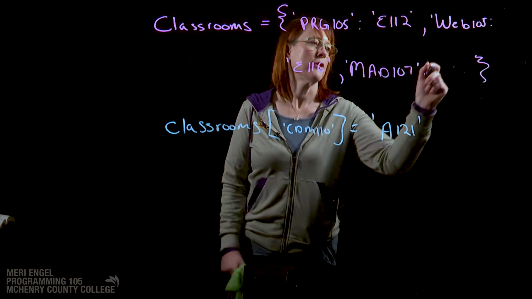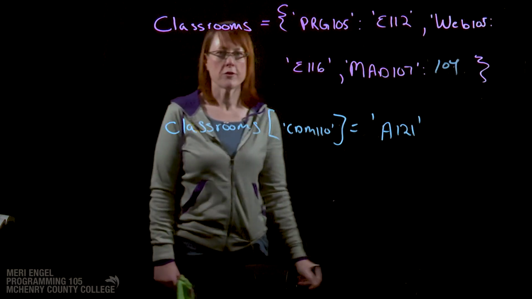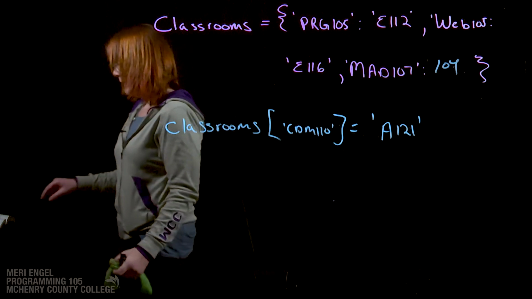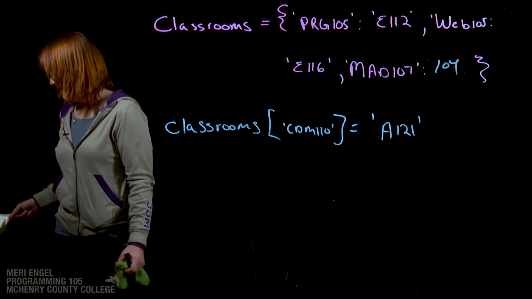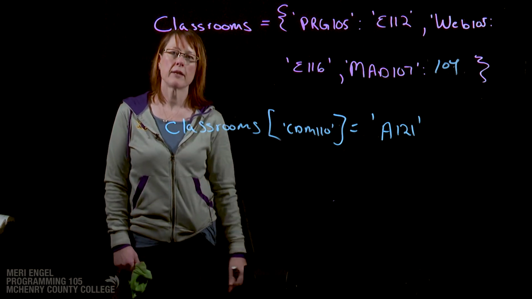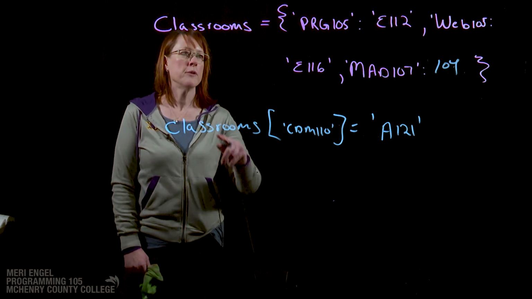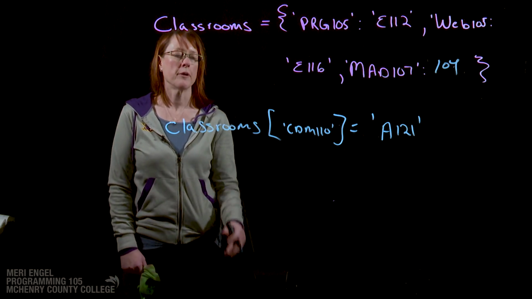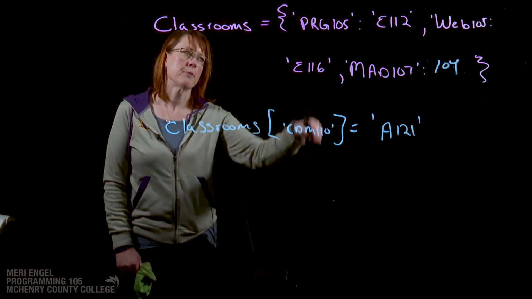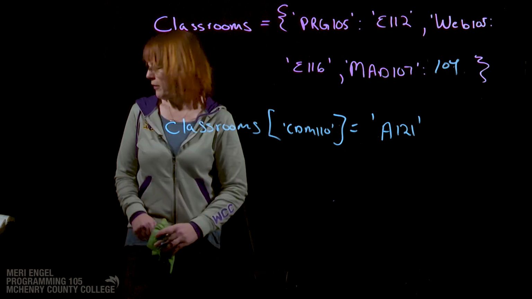I could have had just 104 if I wanted to just have a number. That is completely allowed. If you want to print everything in a dictionary, you would use a for statement to loop through it. So you could loop through classes and then print the parts that go with them.